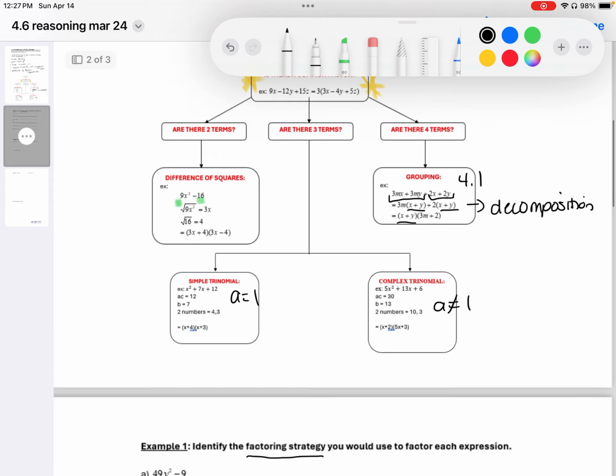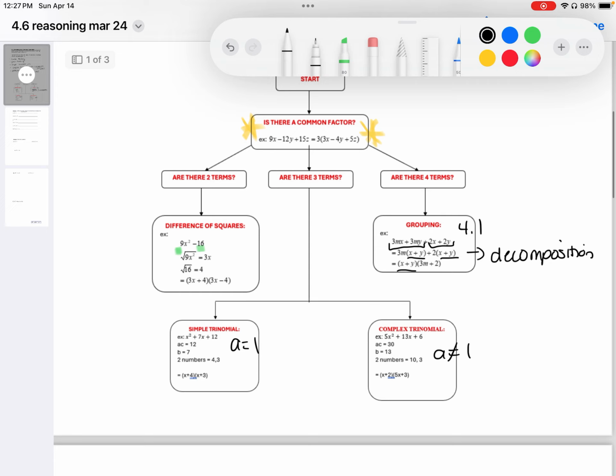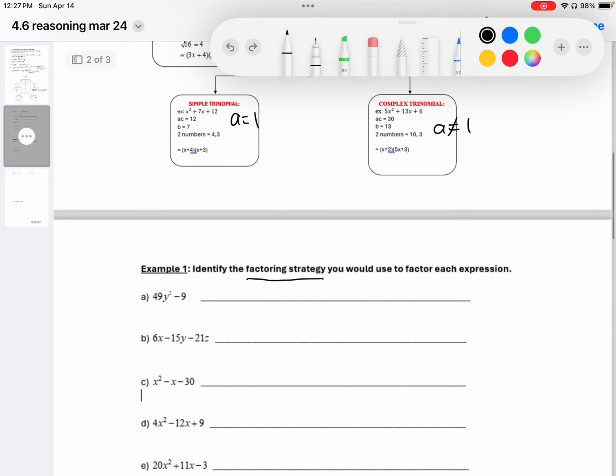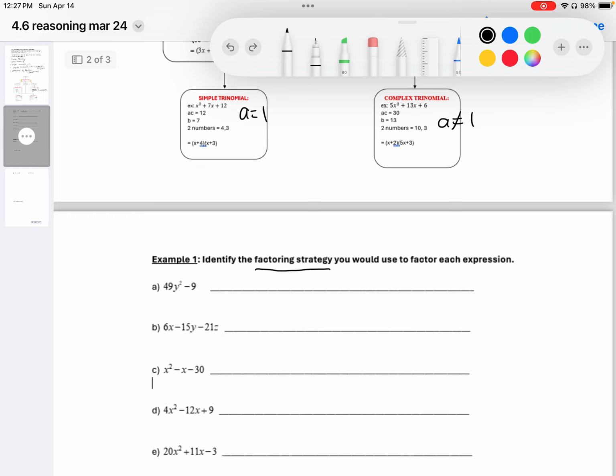Okay, so right away here we are on this side. We have 2 terms in our first example, which means it's going to be a difference of squares. You could also check, even if you didn't want to think about how many terms there were, you can square root 49 and square root 9 nicely. Even that will work.